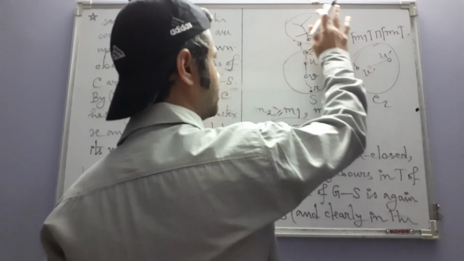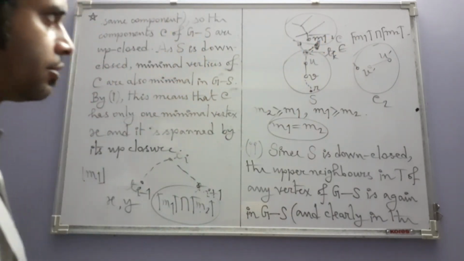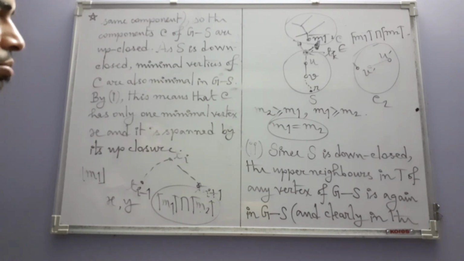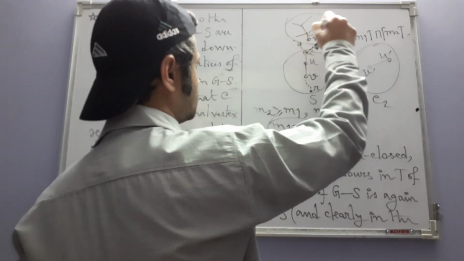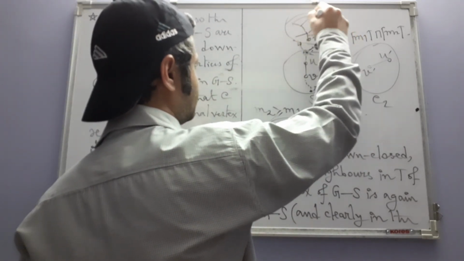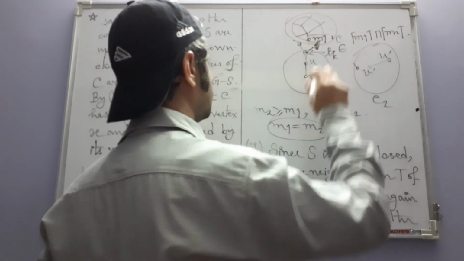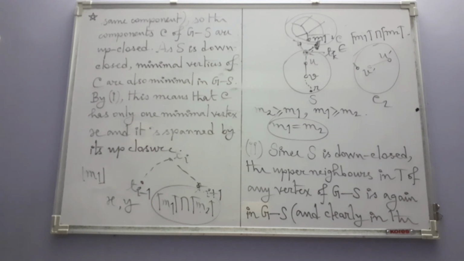Because it is a component, everything must be linked to everything else by a path, right? So can we have a situation in which we have two such tree parts which are linked by something that is not in the tree, by an edge, of course, that is not in the tree?